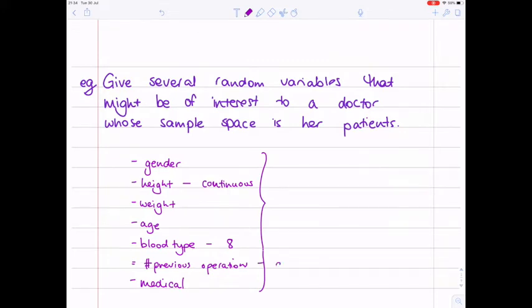Previous operations is probably discrete, and medical aid would be discrete, but age and weight would probably also be continuous, and gender also discrete. So it's worth thinking about what kinds of numbers you can measure from an outcome in an experiment, and they can be either discrete numbers or continuous. So we're going to talk about that a little bit more.